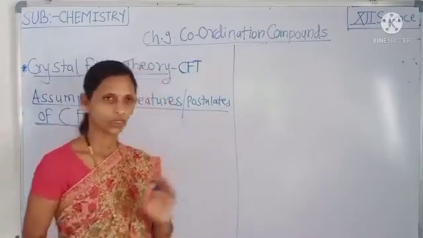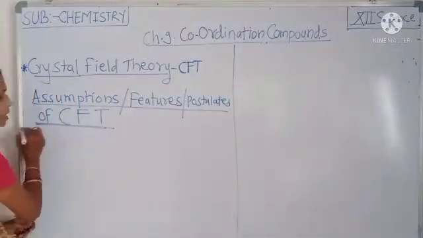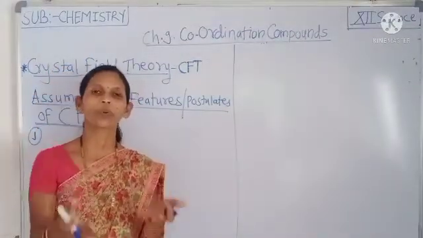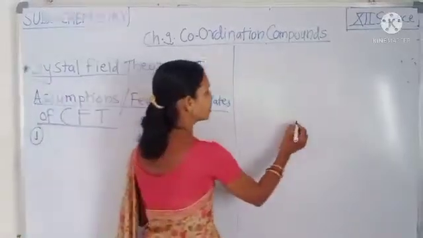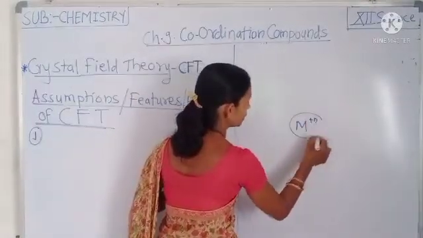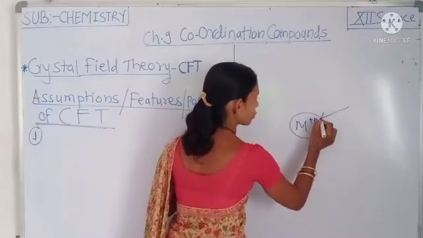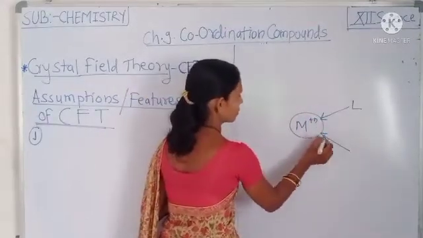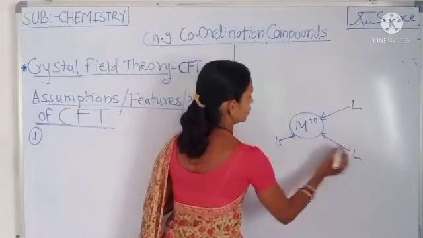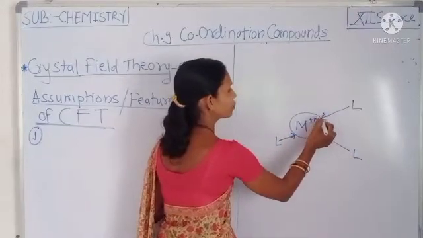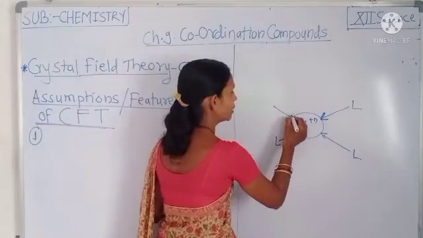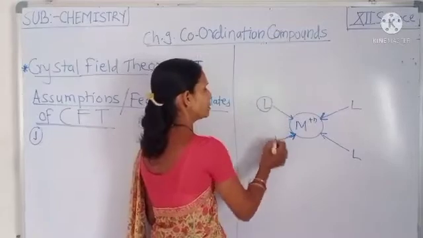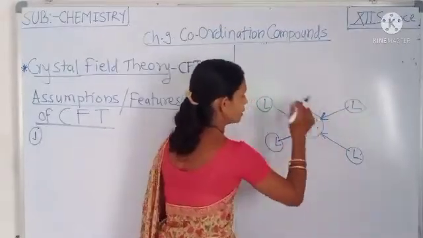See the first assumption: VBT theory explains that any coordination compound containing a central metal ion is covalently bonded with the ligands. That means covalent bonding is present between ligands and the central metal ion.